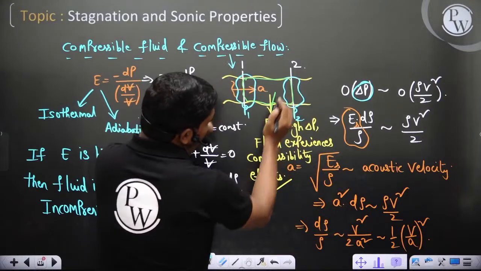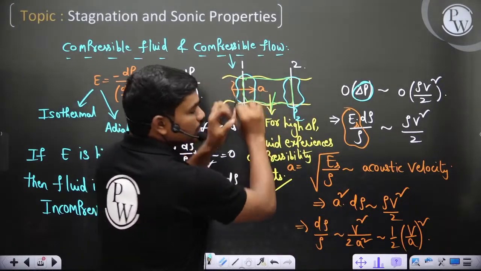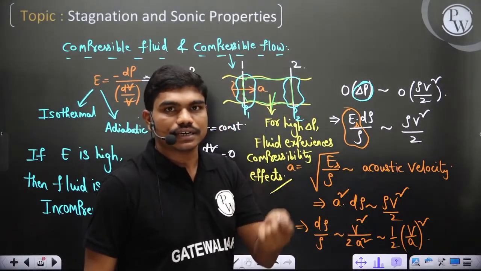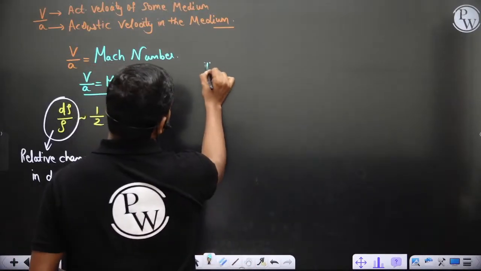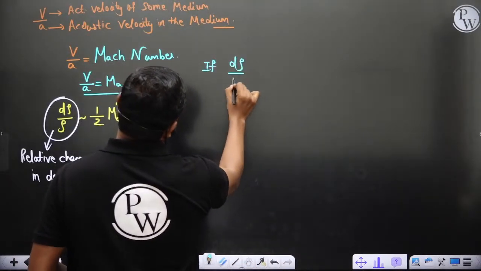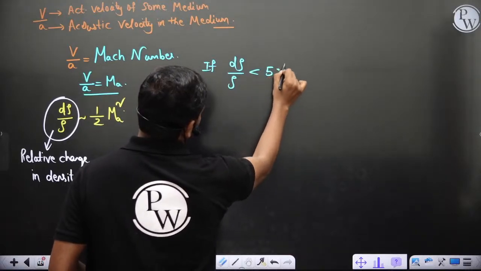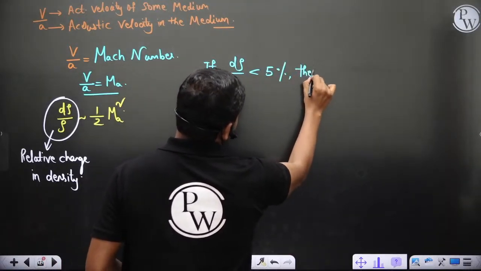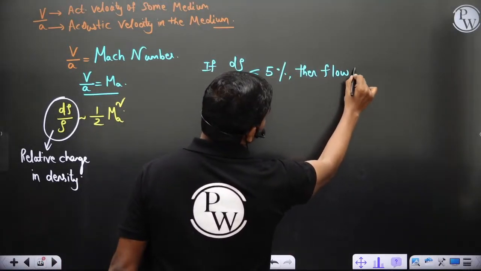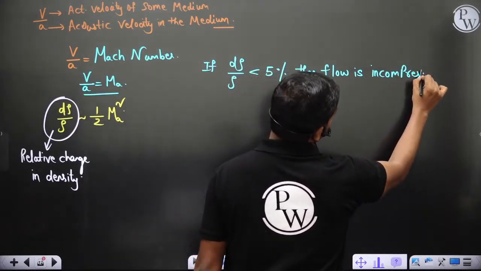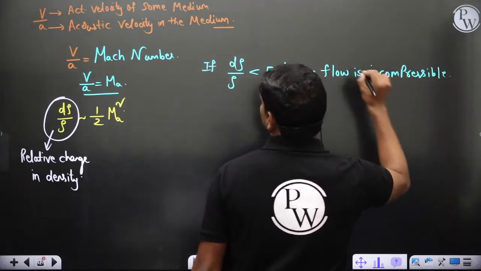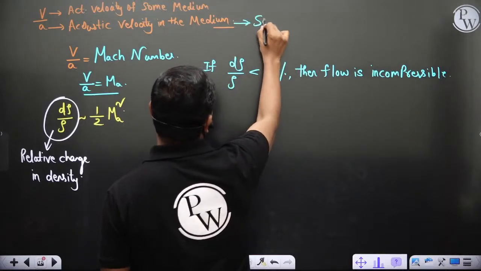So if the density of this fluid is not changing by more than 5% because of this compression, then we treat that as incompressible flow. Means if d rho by rho is less than 5%, then we say the flow is incompressible. And I forgot one thing, this is also called sonic velocity.